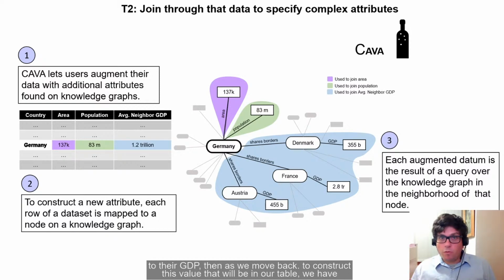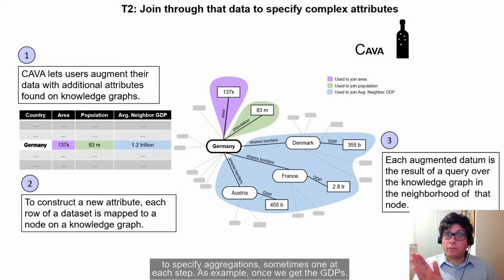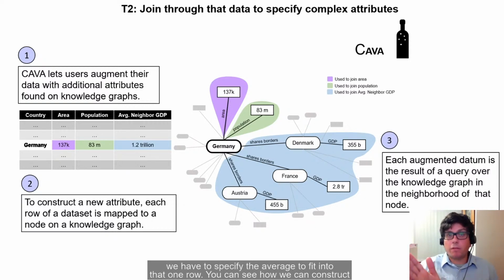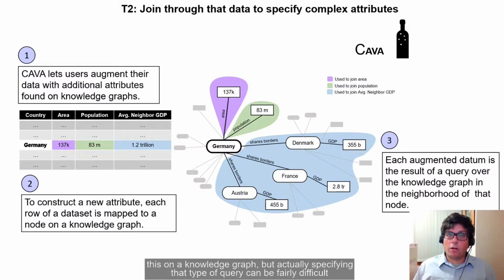And then as we move back to actually construct this value that's going to be joined in our table, we actually have to specify aggregations, sometimes one at each step. So as an example here, once we get the GDPs, then we have to specify the average of those GDPs to fit into that one row. So you can see how we could construct this on a knowledge graph, but actually specifying that type of query can be fairly difficult for the user.